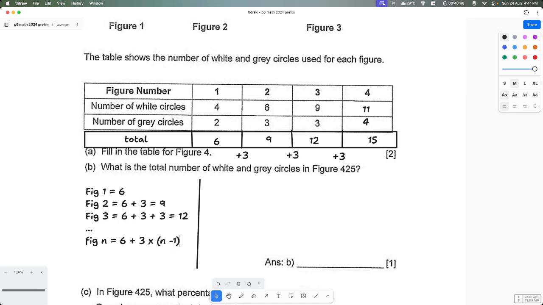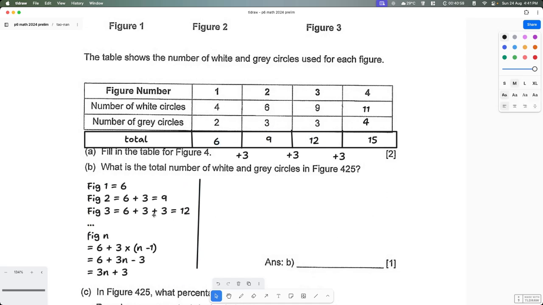If you expand this, it is equal to 6 plus 3n minus 3, which is 3n plus 3. Checking: 3n is 3, 6, 9, 12. Oh yeah, correct.